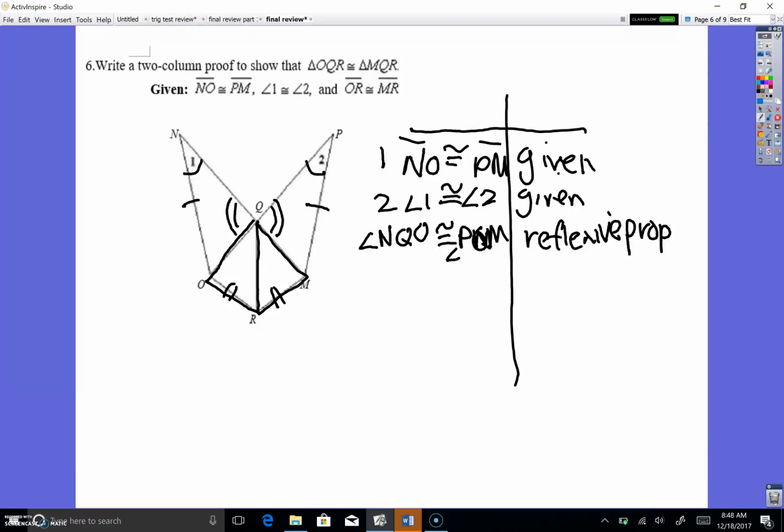So I can say triangle NQO is congruent to triangle PQM, and that is angle side angle.